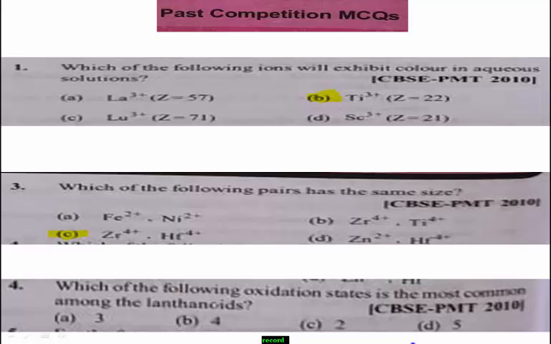This question is simple, but surrounding this there are many theoretical points. See students, the oxidation state of an element is the total number of electrons that an element has lost or gained. If the oxidation state of an element is positive, it means the element has lost electrons. And if the oxidation state is negative, it means the element has gained electrons.